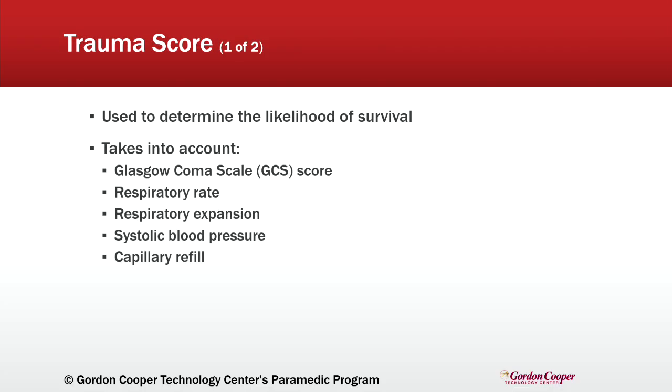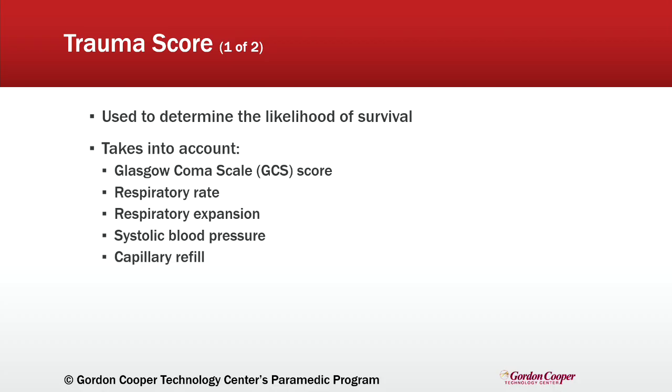Trauma scoring system. This trauma scoring system we use really helps to determine the severity of injuries in healthcare. There are several different types of systems available, but the trauma score estimates the likelihood of patient survival based on a scale from 1 to 16, with 16 being the best possible score. It does actually consider the Glasgow Coma score into that.